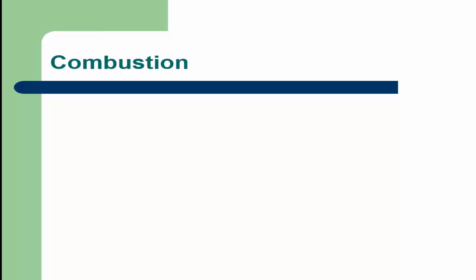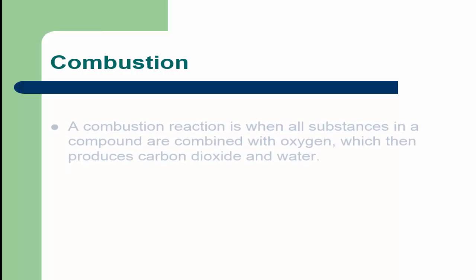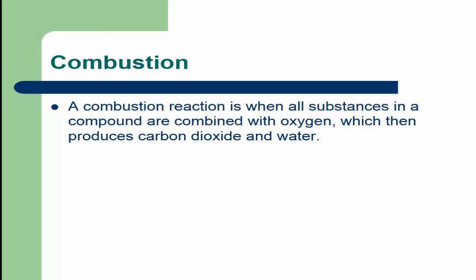So one of the reaction types is simply combustion, burning. A combustion reaction is when all substances in a compound are combined with oxygen. So immediately what I see in my mind is something reacting with O2. Oxygen is diatomic. Somewhere in the preceding chapters, you were blessed with a list of all the diatomic molecules.